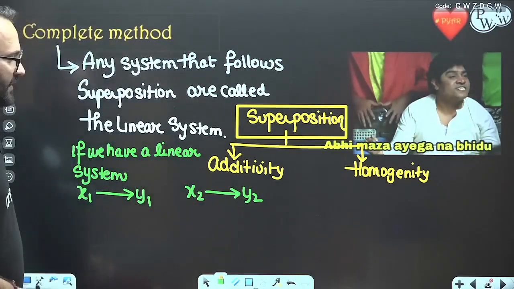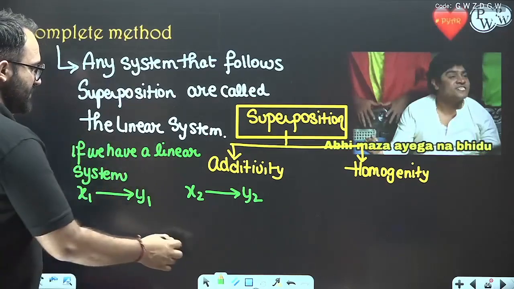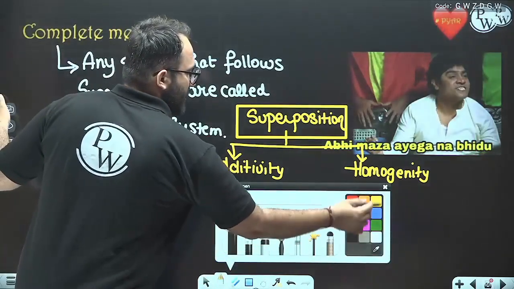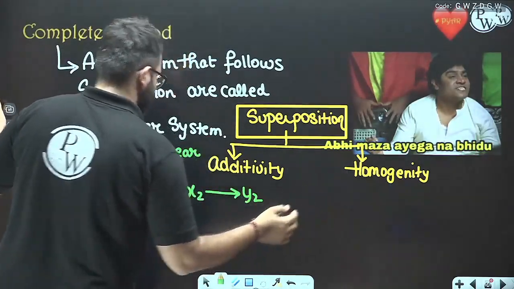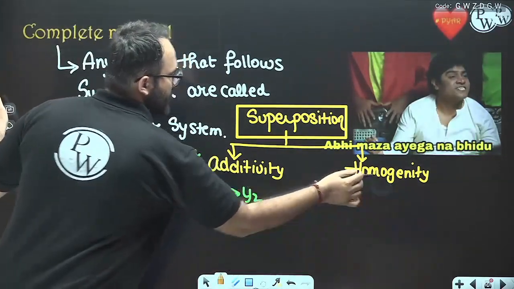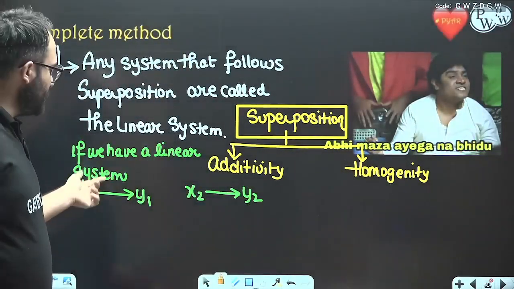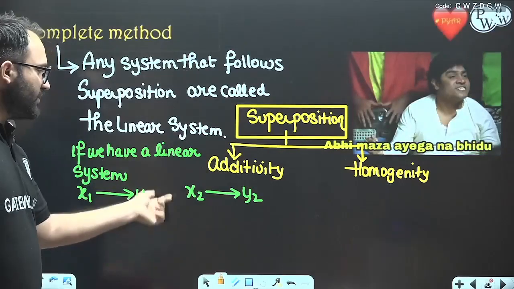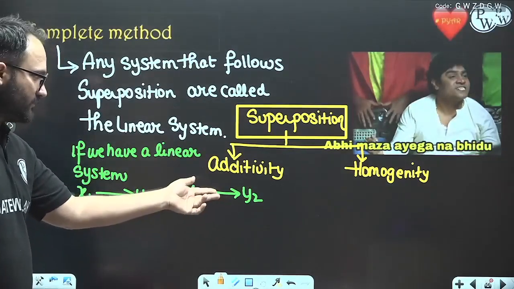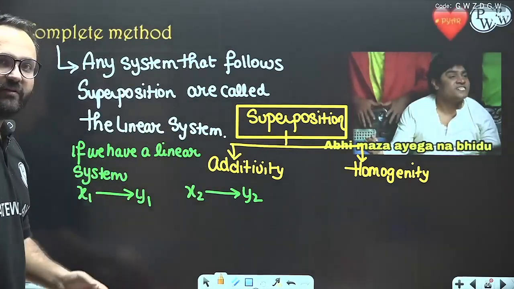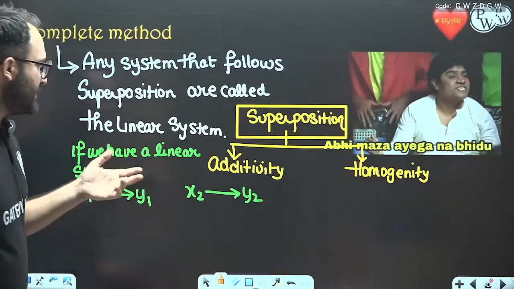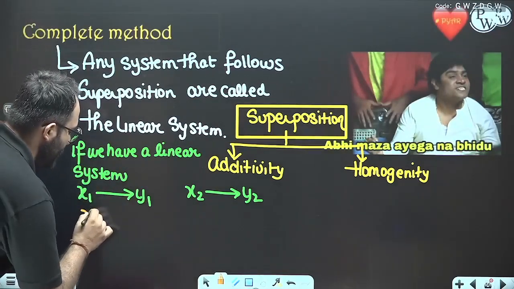Okay, then additivity says that, I'm just repeating the statement. So if we have a linear system, for input x1 it is producing output y1, for input x2 it is producing output y2.